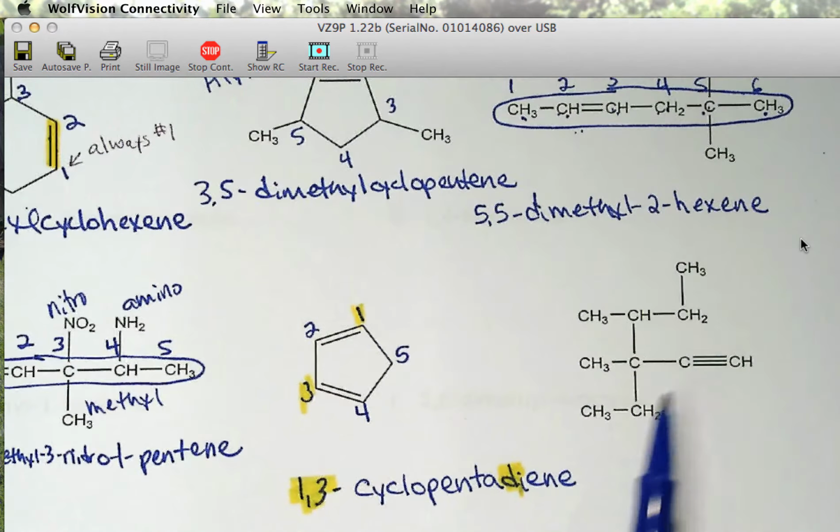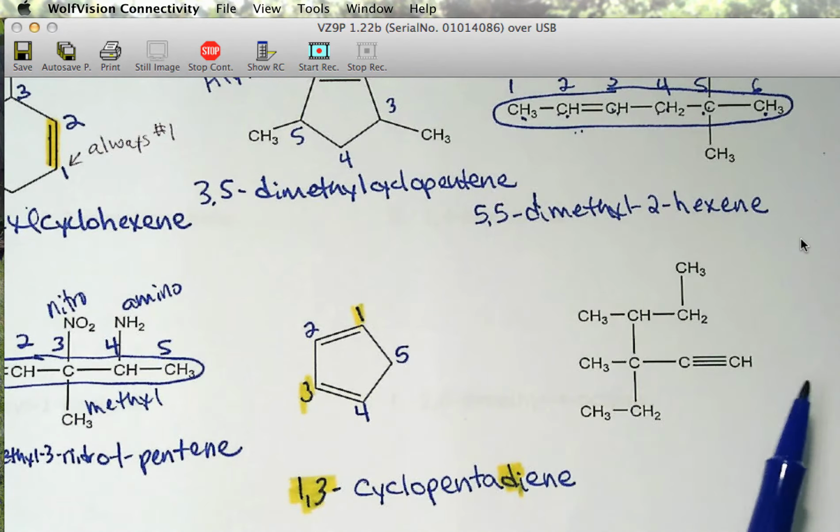So, this next structure, what functional group do you see? What jumps out at you? Triple bond. When I find my parent in this molecule, what do I need to make sure of? It includes that triple bond. So try to find the longest continuous chain of carbons that has the triple bond present.